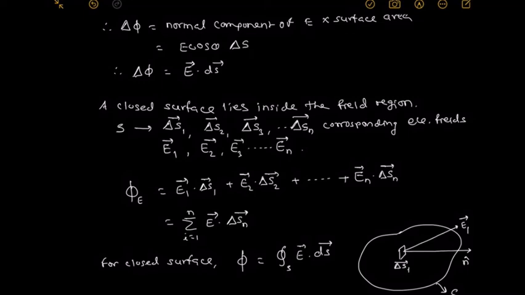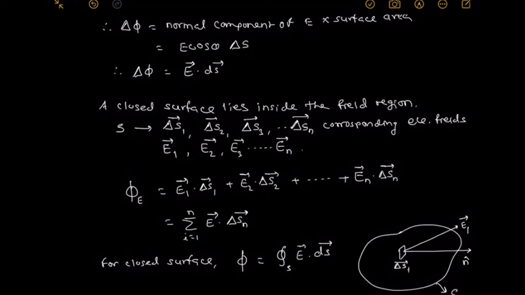Initially we take the sum of all components of the electric flux at each and every small element. For the element delta S1, the electric flux is delta phi 1, plus delta phi 2, plus delta phi 3, up to delta phi n.